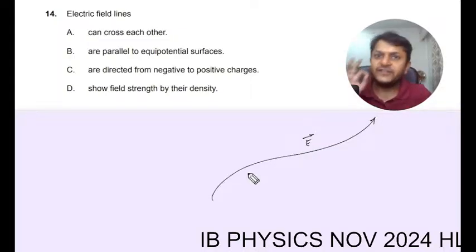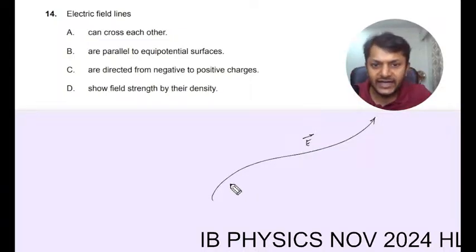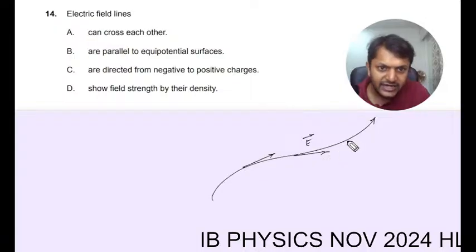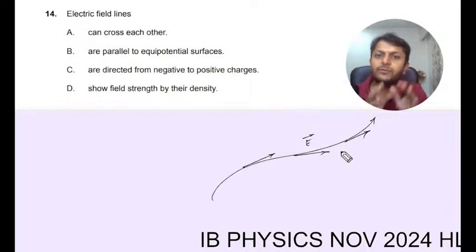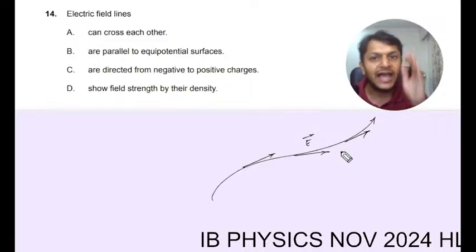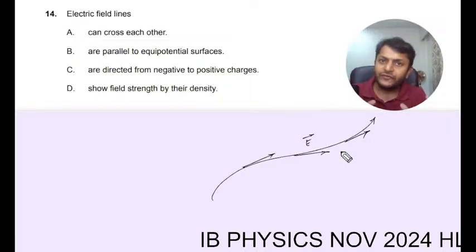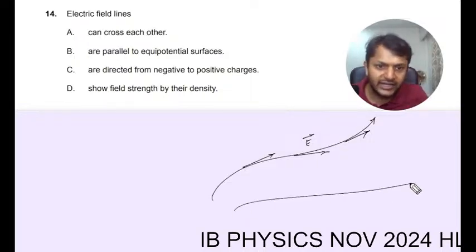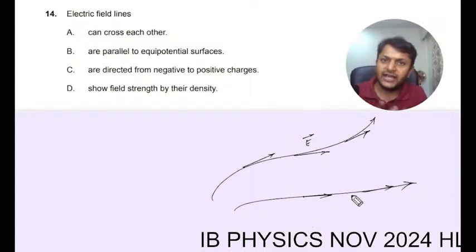Technically it is defined as the curve such that the tangent to it at one single point gives you the direction of the electric field at that point. This is how we define it, and this is how it looks. It could be anything like this, and then you can find the direction of the electric field at this point. It will be tangential here, whatever the direction is.